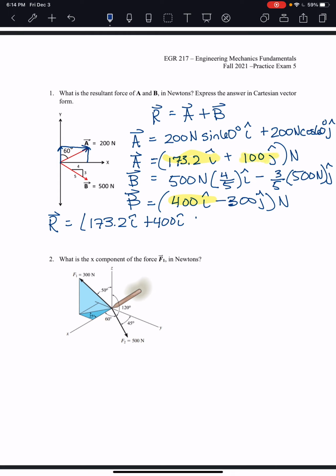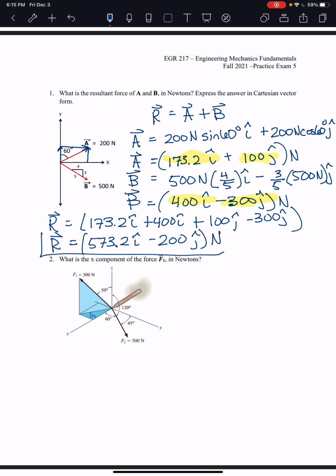So plus 100 J minus 300 J. So that's going to equal 573.2 I minus 200 J, and that's newtons. So that's the answer to number 1.